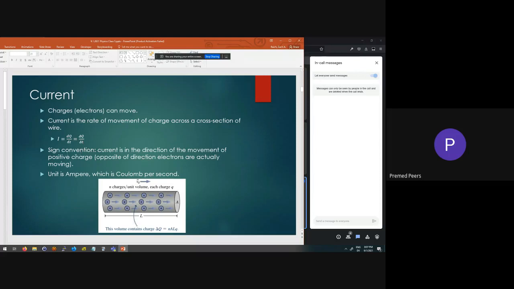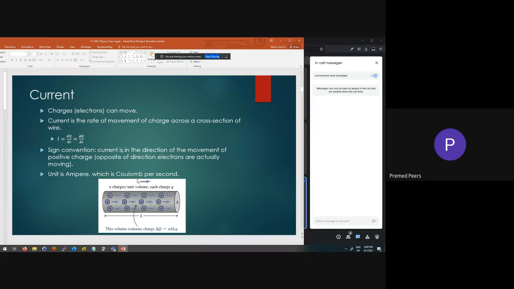A tricky thing here is the sign convention. Normally we're looking at electrons moving. Positive charges would be protons. Especially in a wire, wires are made out of metals, so we have those loosely bound electrons moving. However, electrons are negative.